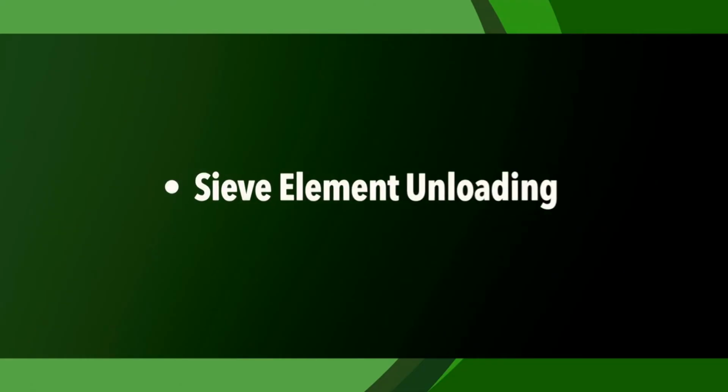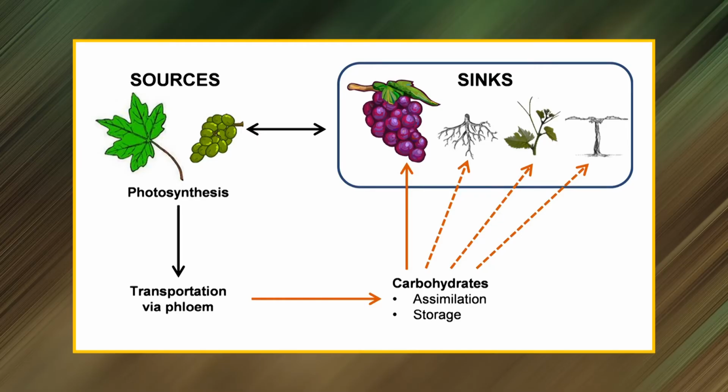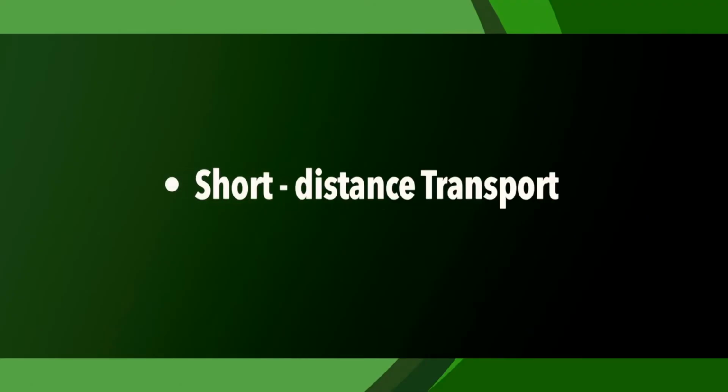The following steps are involved in the import of sugars into sink cells. Number 1, sieve element unloading. This is the process by which imported sugars leave the sieve elements of sink tissues. Number 2, short distance transport.